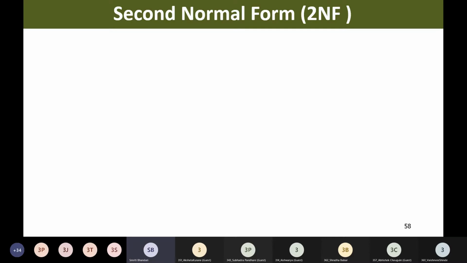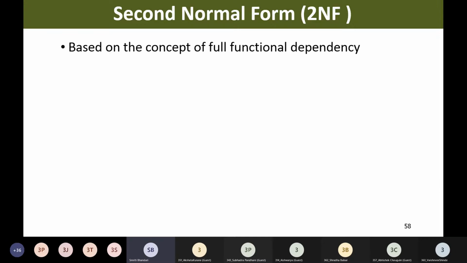Further, we go on imposing more stringent rules so that we can have a good database. In the last class, we also defined second normal form, and we have seen some properties of second normal form.